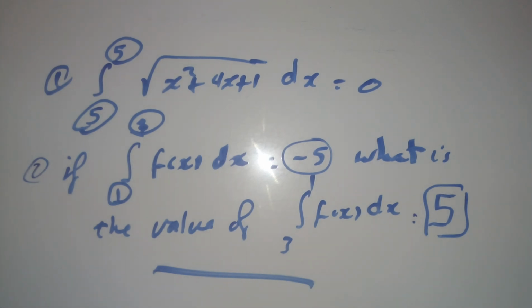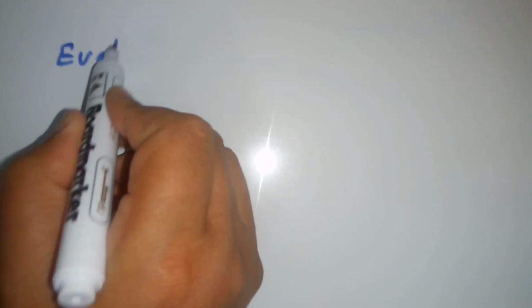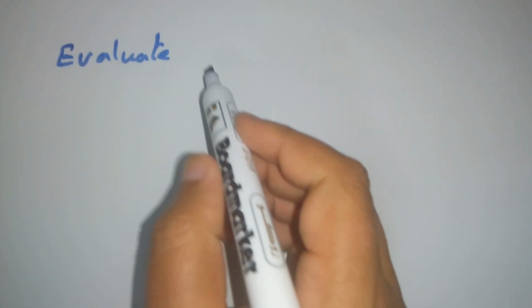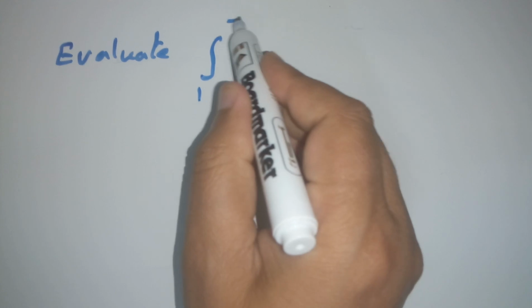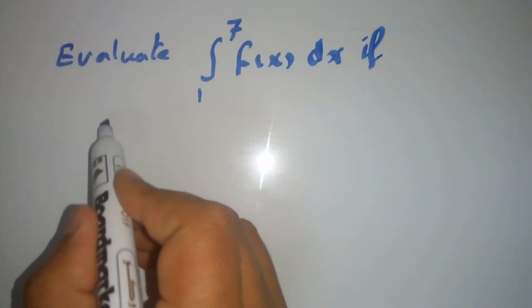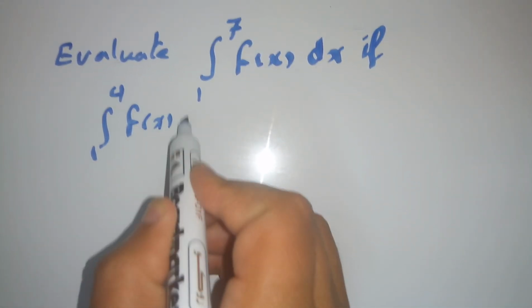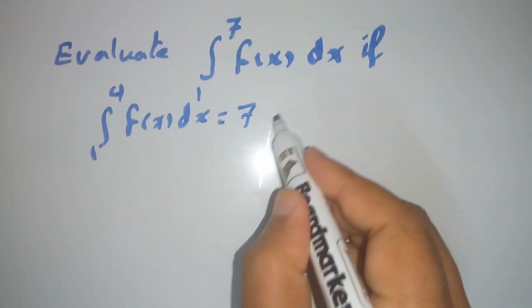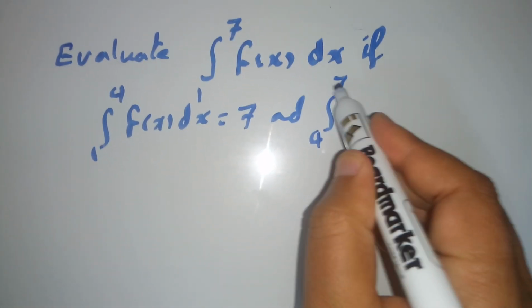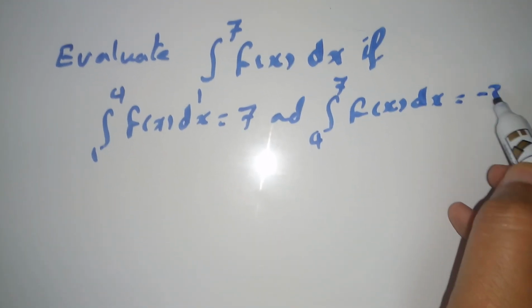Okay, we have another example. Evaluate the integral from 1 to 7 of f of x dx, if the integral from 1 to 4 of f of x dx equals 7, and from 4 to 7 of f of x dx equals negative 3.